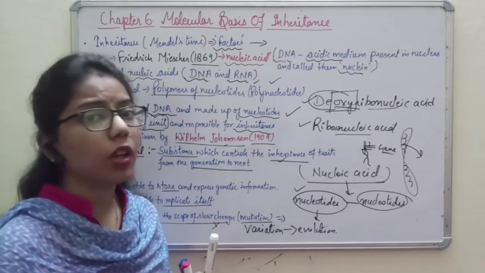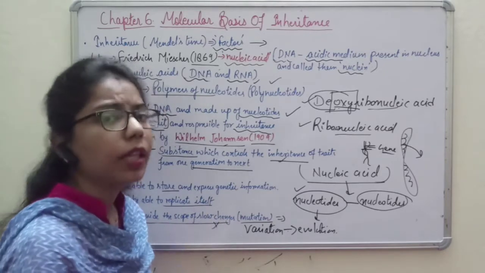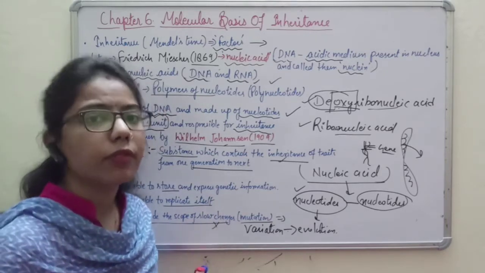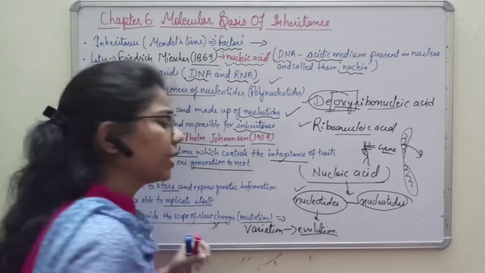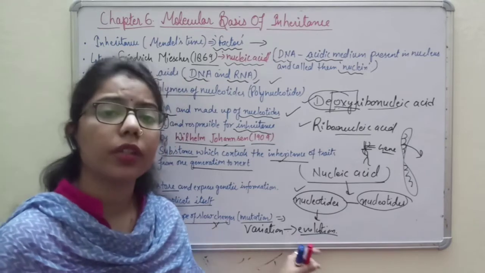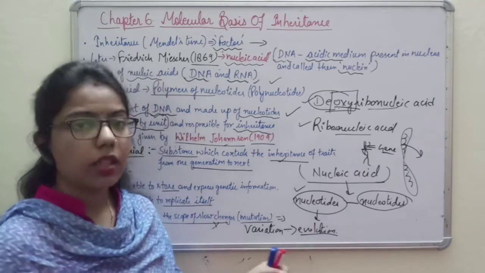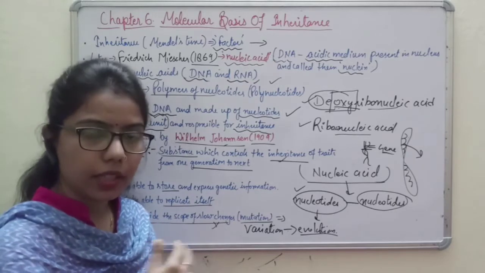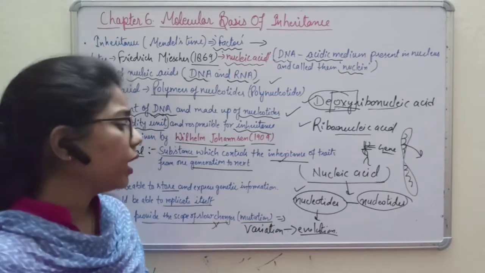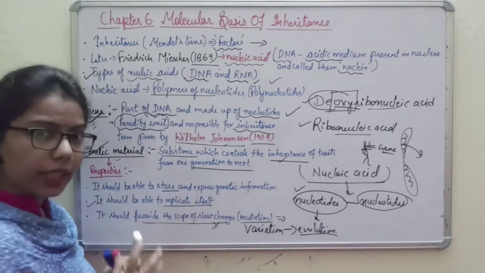If it will not adapt to that particular environment, it will not be able to survive, it will go extinct. Okay, so we can say that this variation is important for the evolution, so that it can adapt very easily in the changing environment. Okay, so these are some properties which we have discussed.